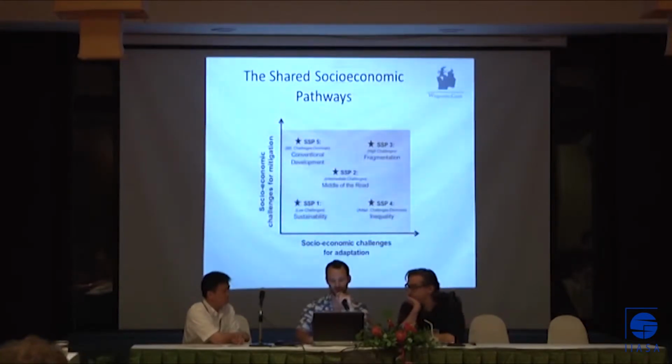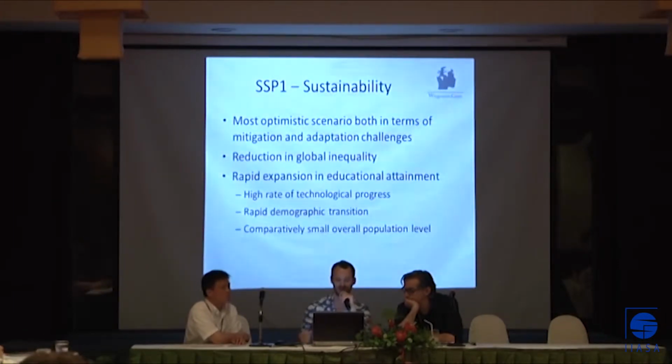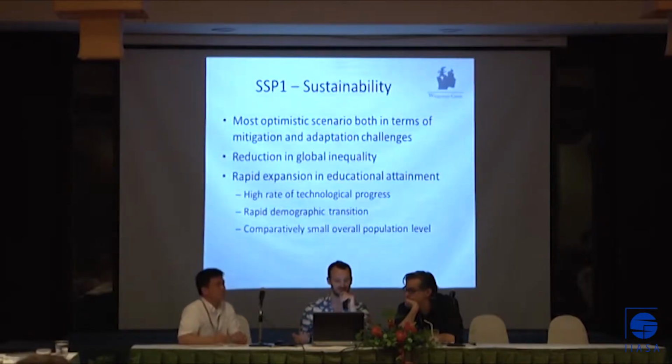In the lower left corner, you have SSP1, where both challenges to adaptation and mitigation are minimized. This is in a way the most optimistic scenario, where we experience a global reduction in inequality. This scenario has also been labeled the sustainability scenario to distinguish it especially from SSP5, which I will talk about just in a moment, which is conventional development.